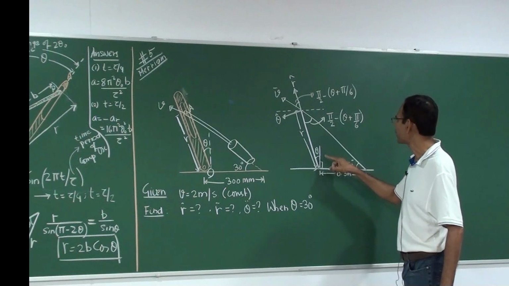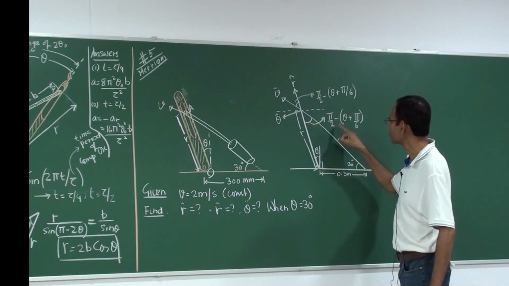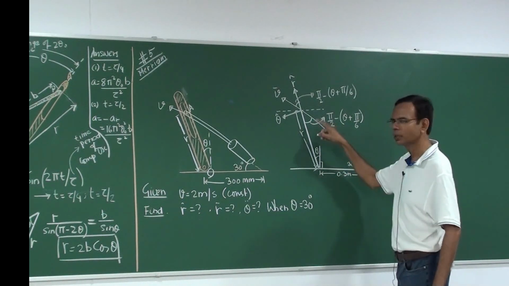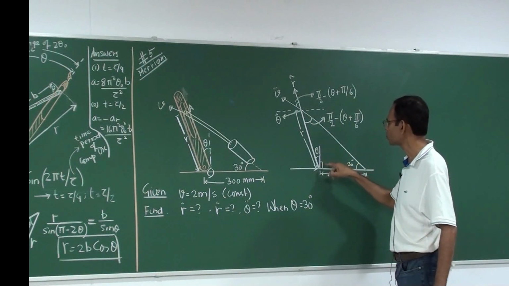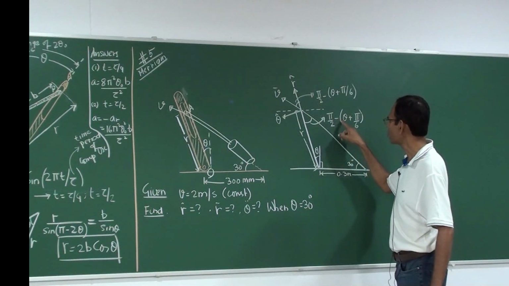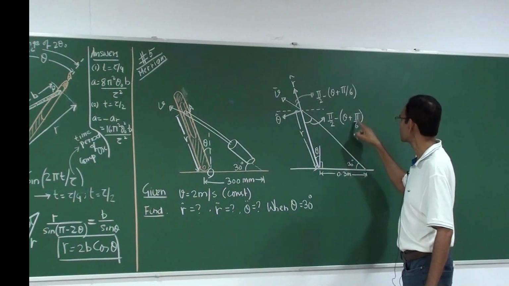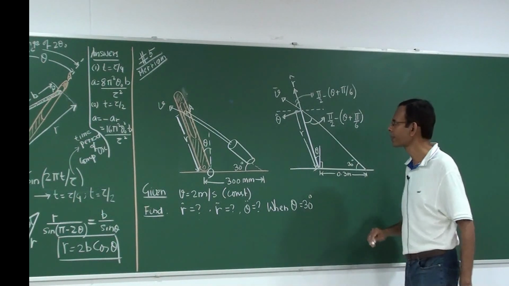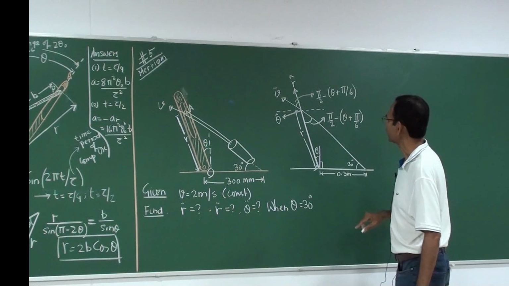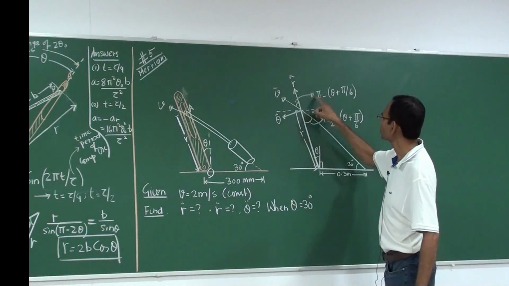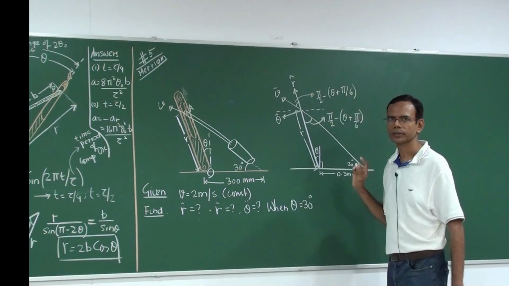The three angles add to 180 degrees, so this angle is pi by 2 minus theta plus pi by 6. This angle is also equal to pi by 2 minus theta plus pi by 6.